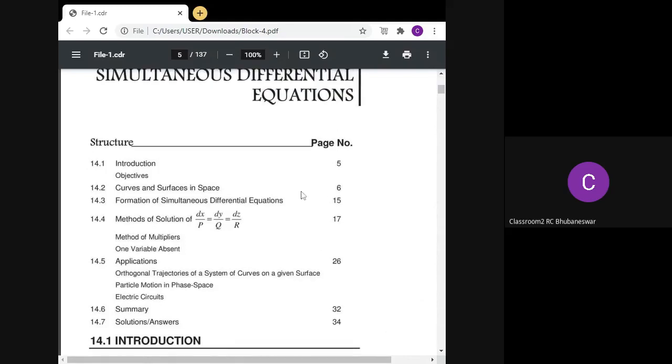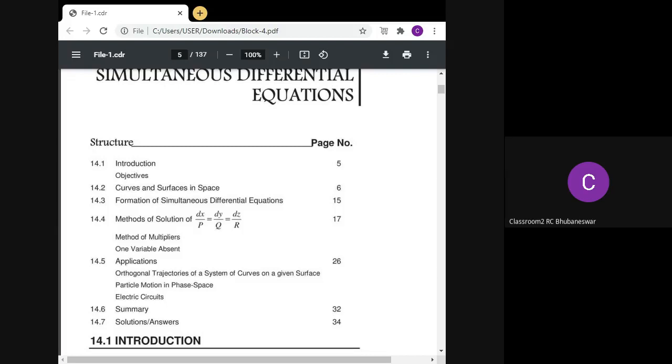Here, first we are going to discuss the representation of curves and surfaces in space. That means how mathematically we can represent, by using equations and functions, curves and surfaces in space, in three-dimensional space mainly. Next we are going to discuss the formation of simultaneous differential equations with the help of the equations of curves and surfaces in three-dimensional space.